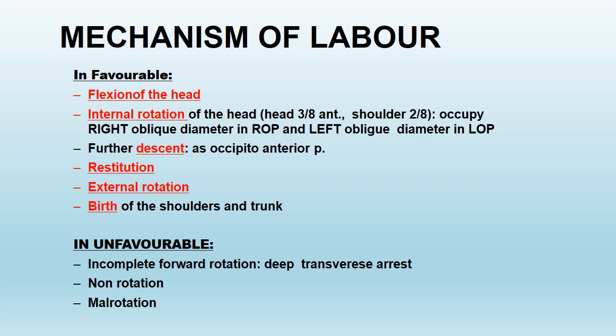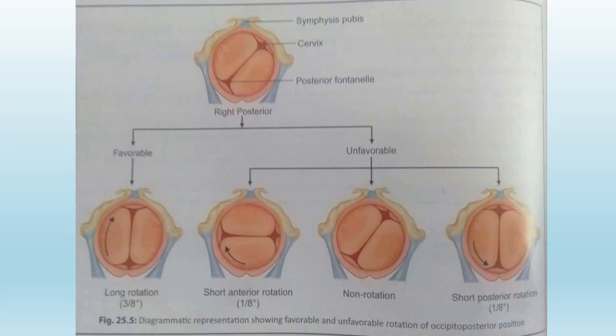Further descent as occipito-anterior position, then restitution, external rotation, and birth of the shoulder and trunk. In unfavorable condition, incomplete forward rotation occurs, causing deep transverse arrest, non-rotation, and malrotation, as shown in the slide.